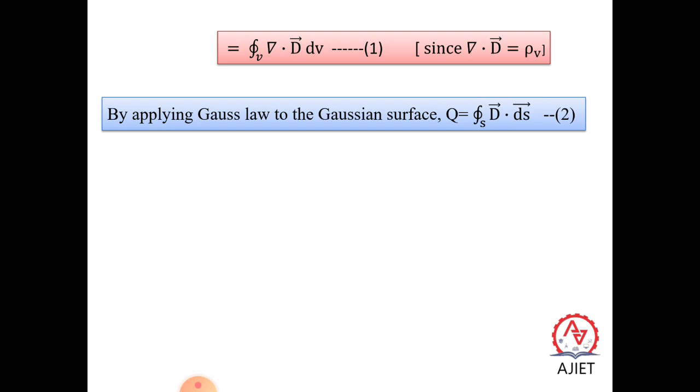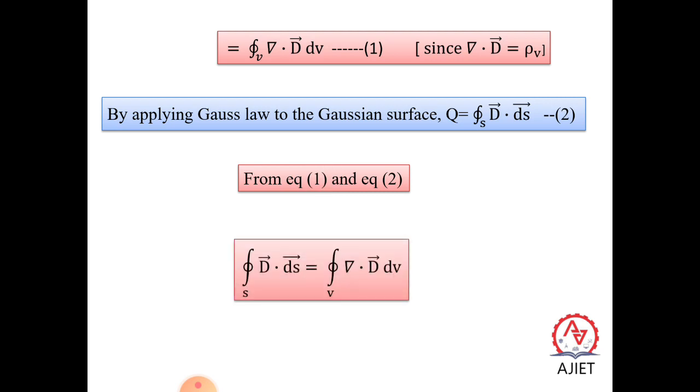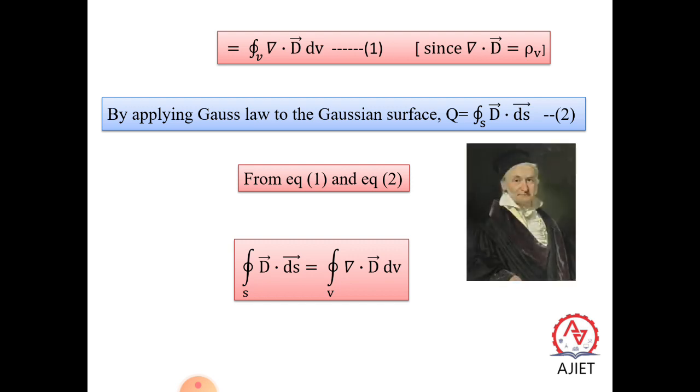By applying the Gaussian surface, we know Q is equal to the closed integral of D dot dS. So from equations 1 and 2, the closed integral of D dot dS is equal to the volume integral of del dot D into dv. This is called the Gauss divergence theorem.